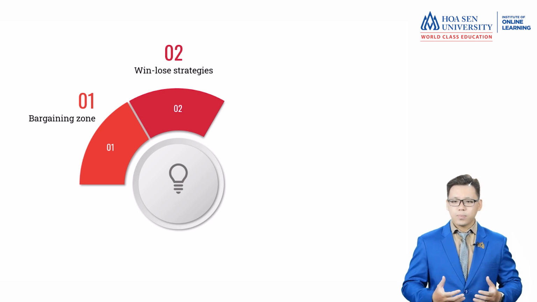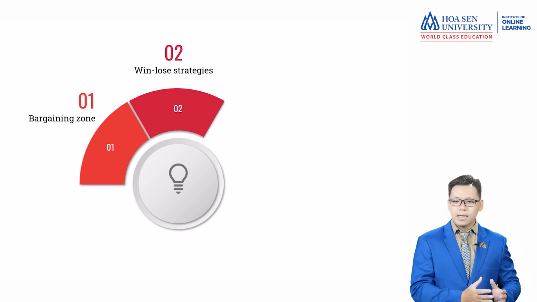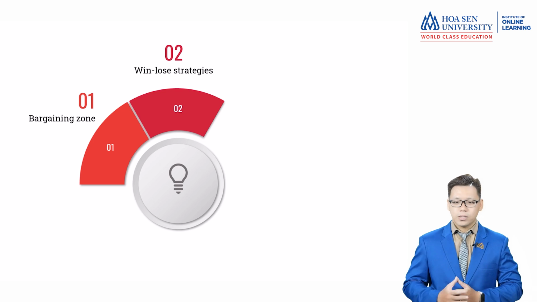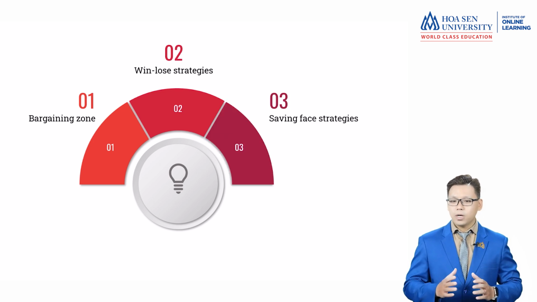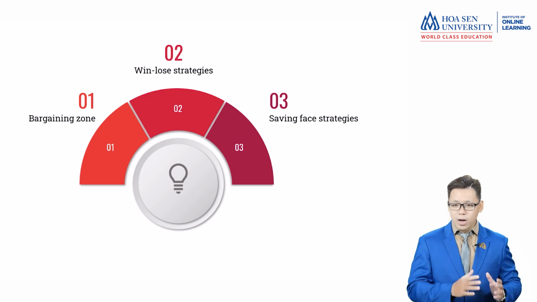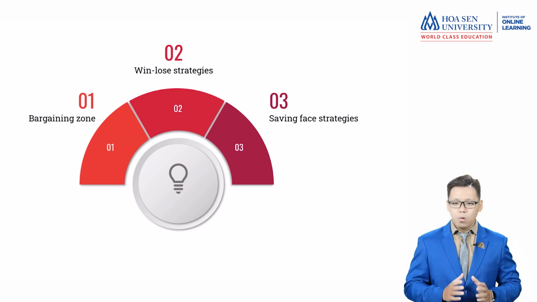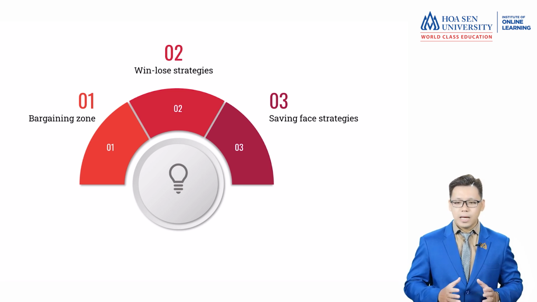We will explore the strategies typically used in a win-lose scenario, where one party's gain is another party's loss. Lastly, we talk about saving face strategy. In negotiation, it's not just about winning or losing, but also about maintaining respect and dignity. We look at how these strategies help preserve relationships even when the negotiation is tough.